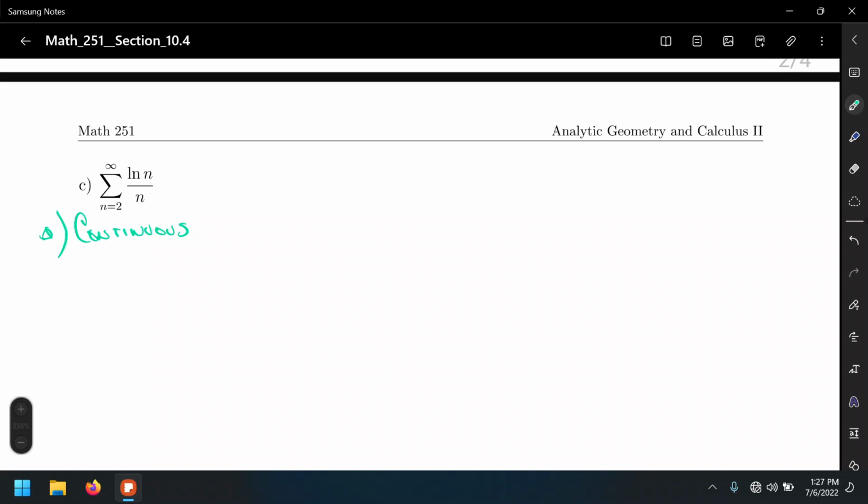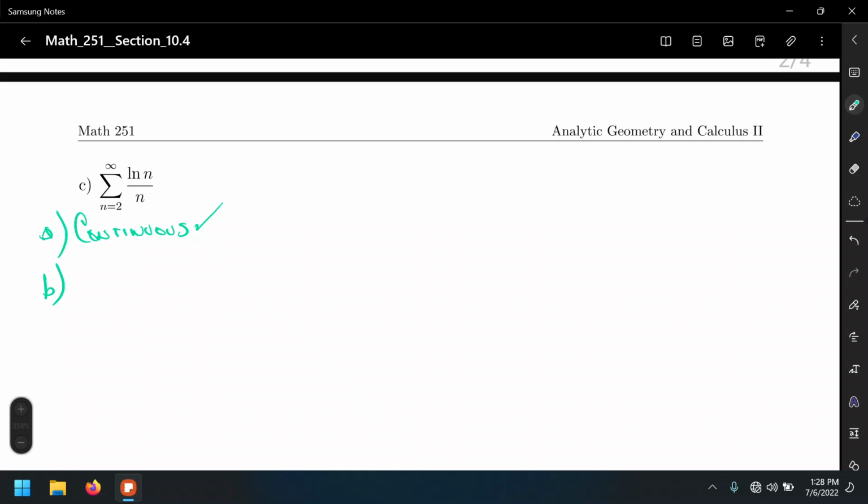However, that discontinuity is not part of the interval 2 to infinity. So we're just looking at the interval 2 to infinity, excluding that 0, which is a discontinuity. So we're good here.